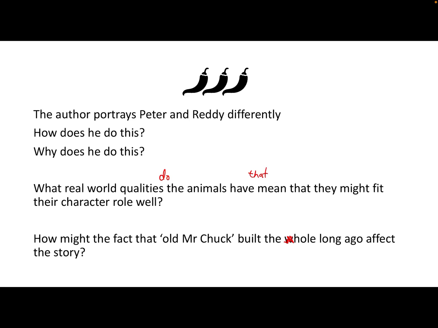And a lot of the time in stories we have old characters that are quite wise and quite clever, so maybe Old Chuck has invented or designed something that's going to help progress the story. It's going to help Peter Rabbit out. Maybe he might think back to a story that Old Chuck has told him, and it's going to help him in future situations.